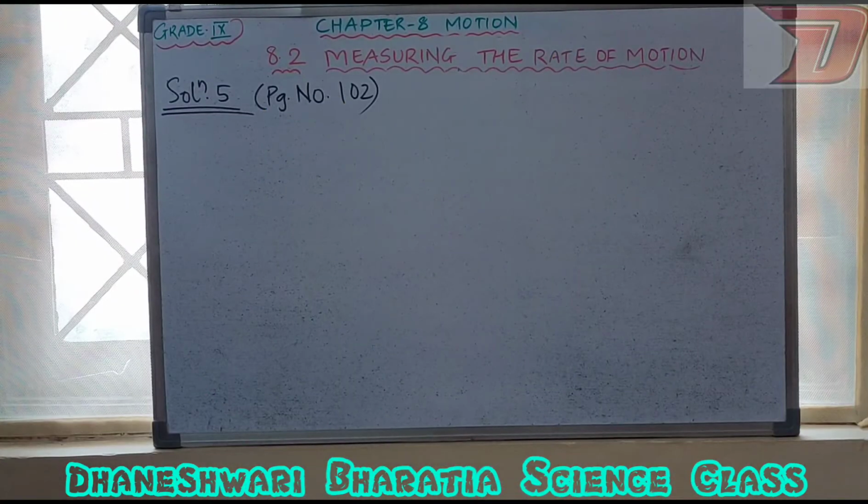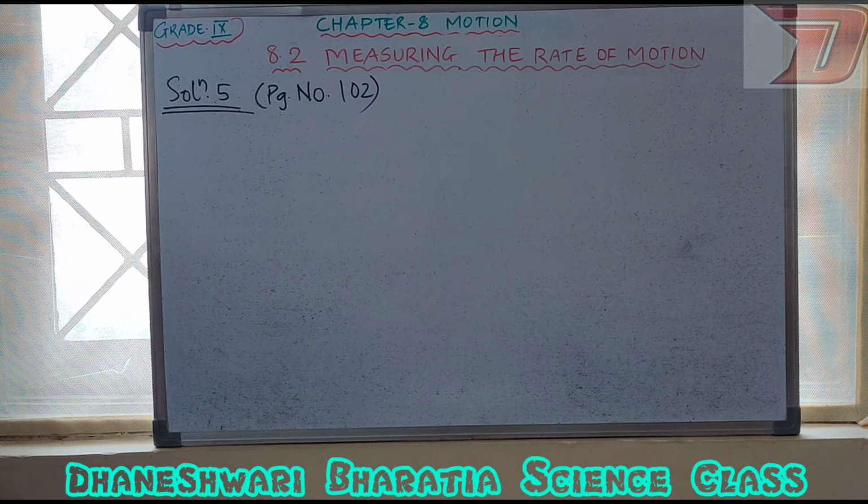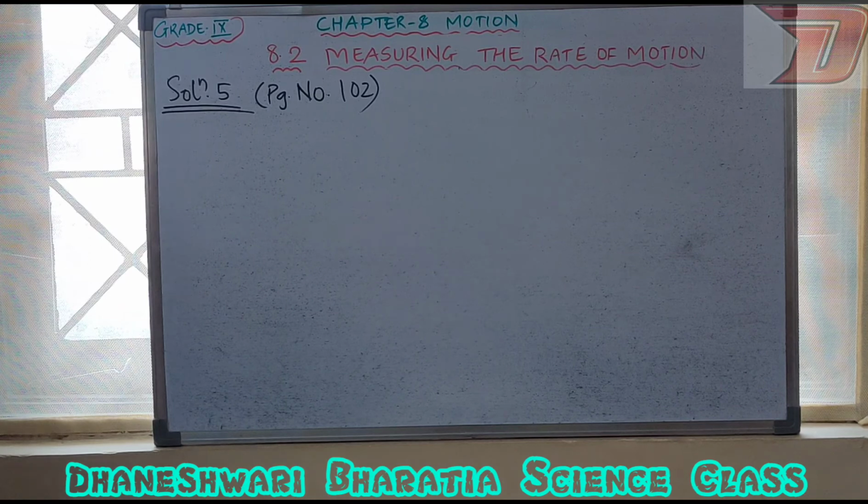Now we will have to discuss a few blue text questions which are given on page number 102. The first question is already discussed when I did the explanation of differences between speed and velocity, right? The second question: under what condition is the magnitude of average velocity of an object equal to its average speed?